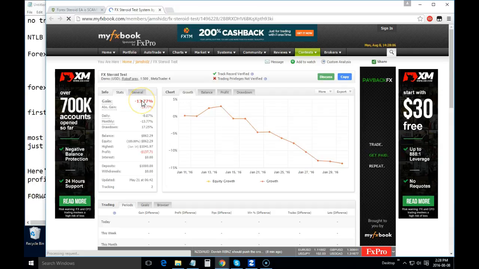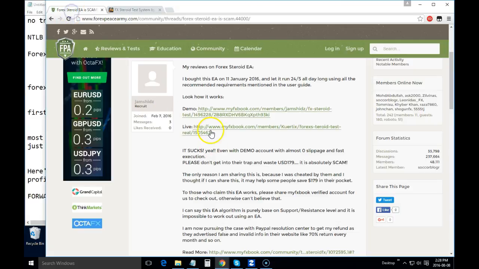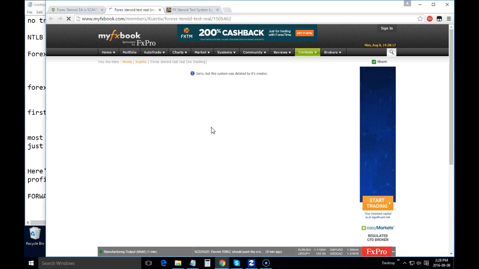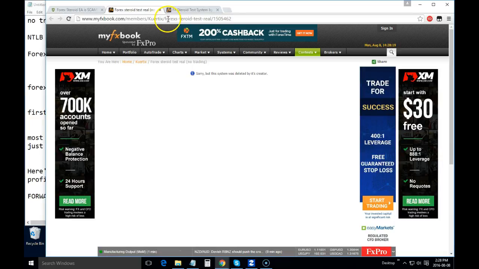So here's the MFX Jam Shids. It lost 13.7%, straight downhill for 20 days. Let's see what happened on this demo test. Here's the Forex Steroid real test. This system was deleted by its creator. All right, you're going to see that a lot.